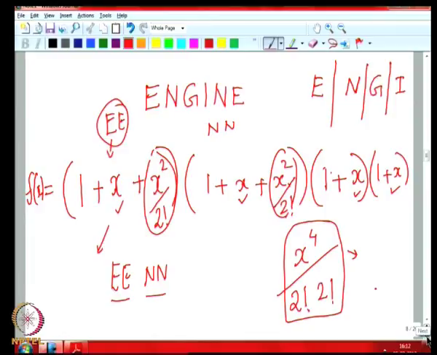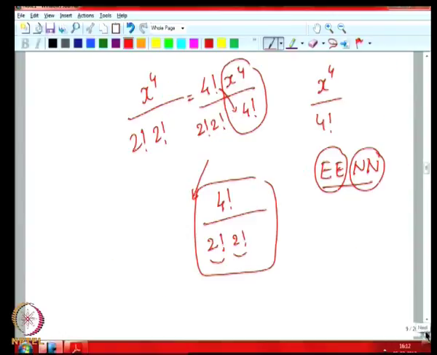And by putting this 2 factorial in the denominator, whenever we are selecting 2 letters, we also have the 2 factorial coming in the denominator in the product, right.